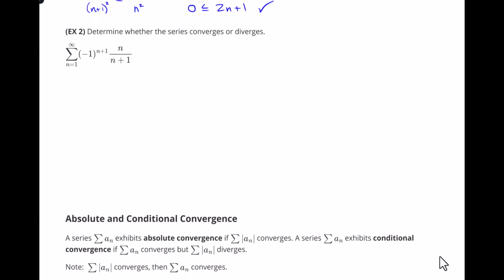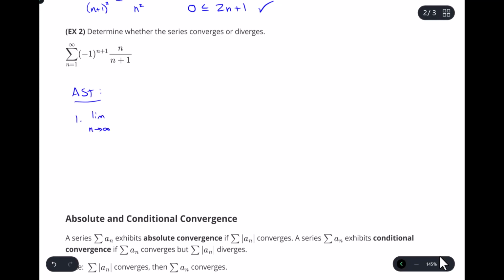Determine whether this series converges or diverges. So we have the alternating term, and then that's multiplying n over n plus 1. With the alternating term, I'll jump right into the alternating series test and start with the limit as n goes to infinity, and I'm just going to jump right into the limit of just the non-alternating part, because the first step is just take the absolute value, which takes away the alternating piece.